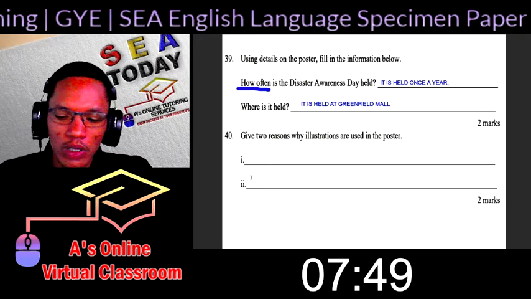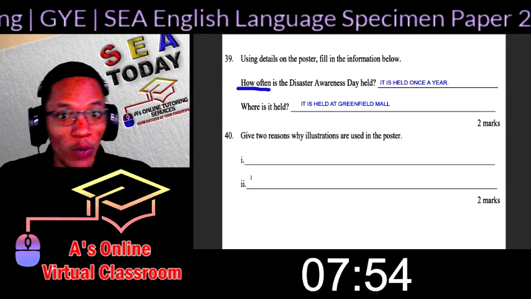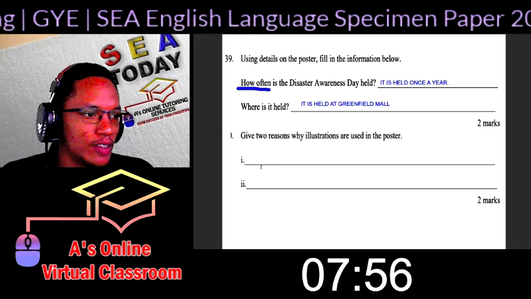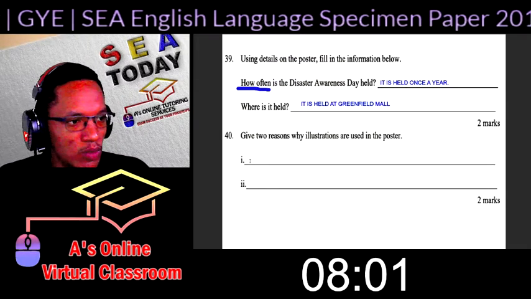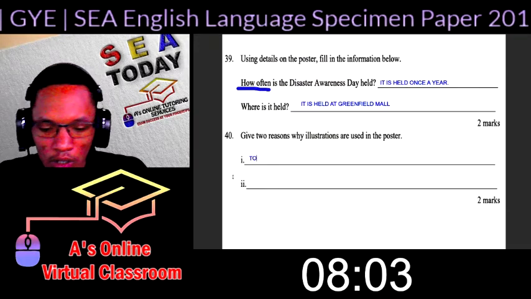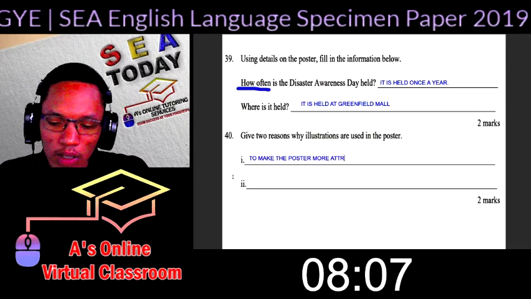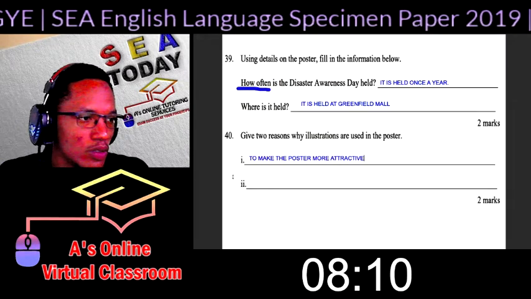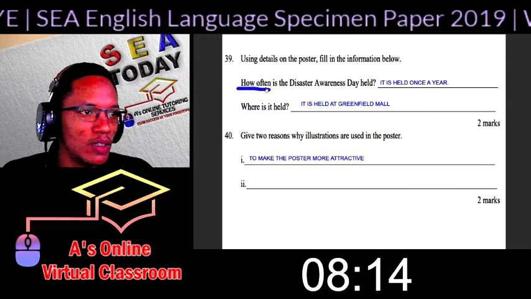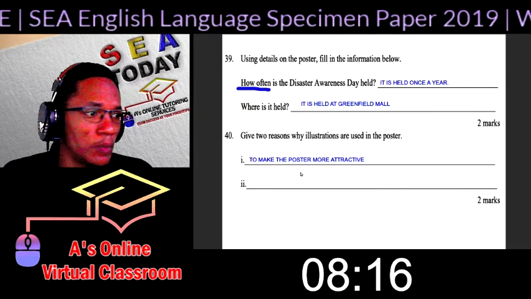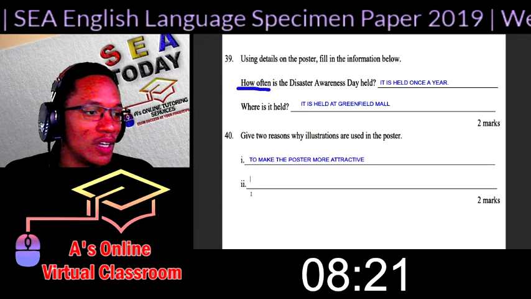So one reason would be to make the poster more attractive, right? Which would encourage people to read it, first of all, if you don't read it.